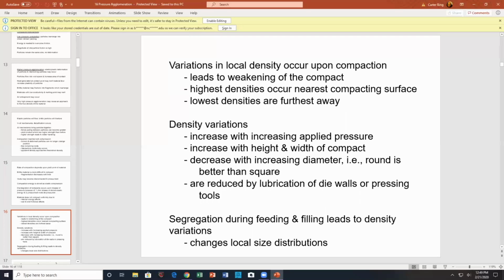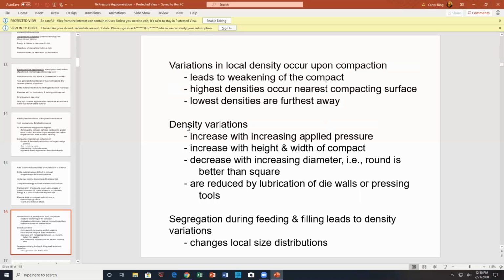Density variations increase with increasing applied pressure. That makes sense, right? They increase with the size of the compact, and decrease with increasing diameter. There you go. Round is easier to make than square.